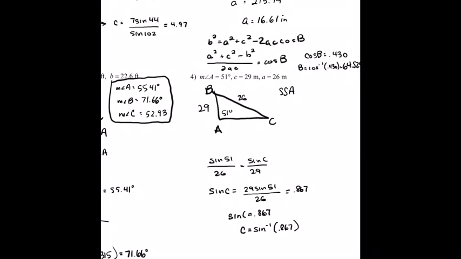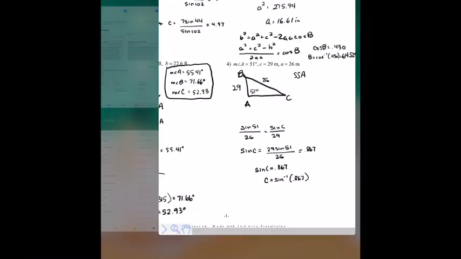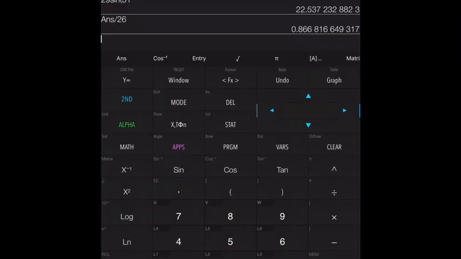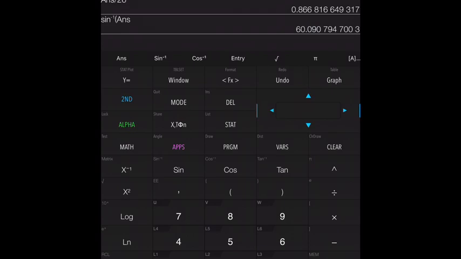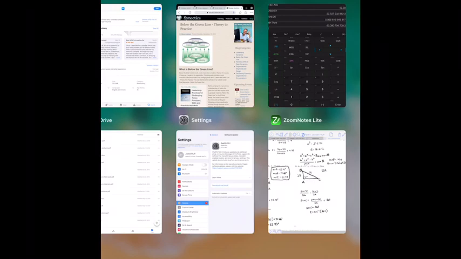Going back here, inverse sine of that previous answer, 0.866. I'm going to call it 60, or 60.1.